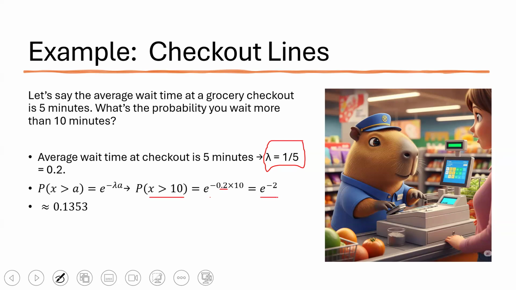If you plug that into a calculator or Excel, you'll get 0.1353. So there's about a 13.5% chance you'll be stuck in line that long. Exponential models like this help with staffing, logistics, and operations planning. And they're used in everything from call centers to server uptimes.